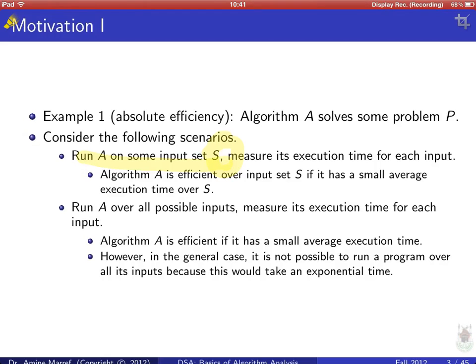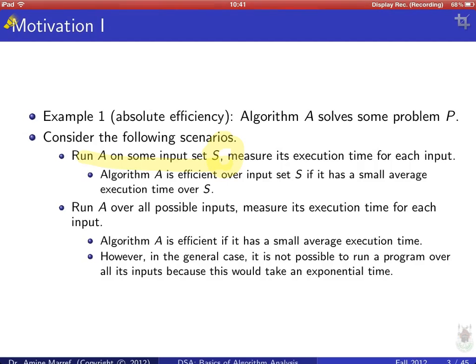We can try again what we did in absolute efficiency. We can run them on a few inputs and get results. But again, the results that we get are exclusive to this subset of inputs that we have measured with.